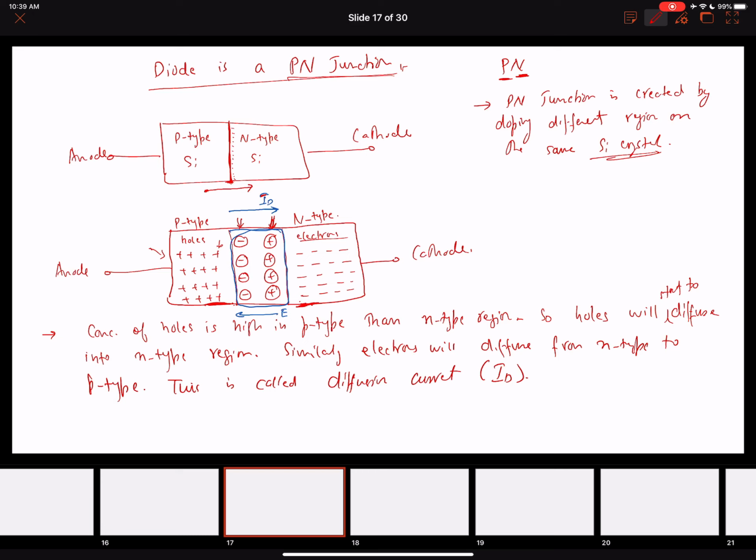These holes that are moving from the p-type to n-type are combining with the electrons in the n-type and neutralizing. Some of these holes will combine with the electrons near the vicinity, and as those electrons are recombined and neutralized, we are left with the holes near the vicinity of the junction. That is why we have positive charges here.